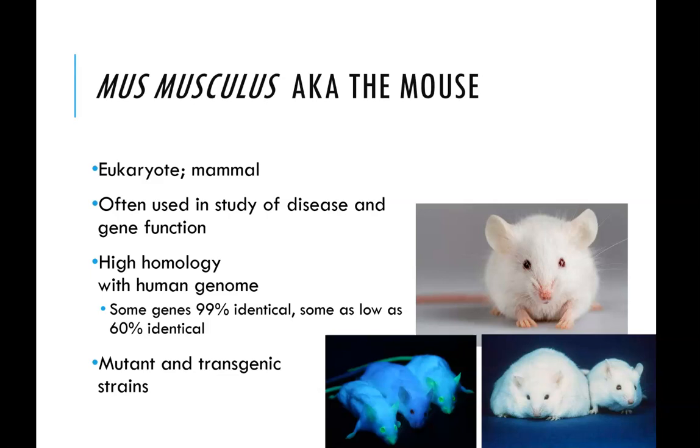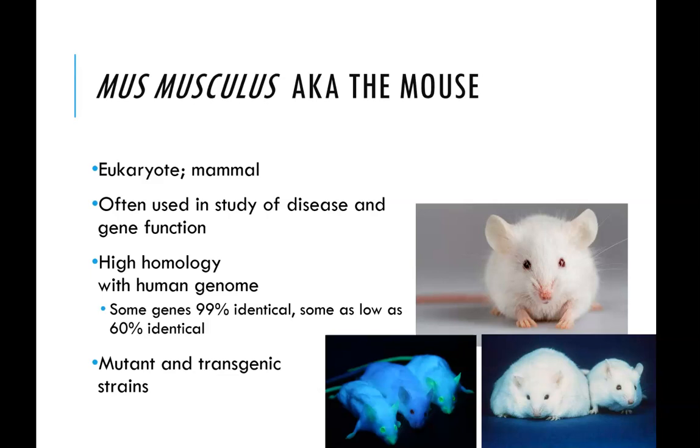That's because of evolution, because those genes have been put under different pressures over evolutionary history of both humans and mice. But because they're still relatively close, we can still use some of those genes to sort of figure out a purpose in humans or figure out diseases in humans, because something that affects an organ in a mouse is probably going to affect it the same way in humans.